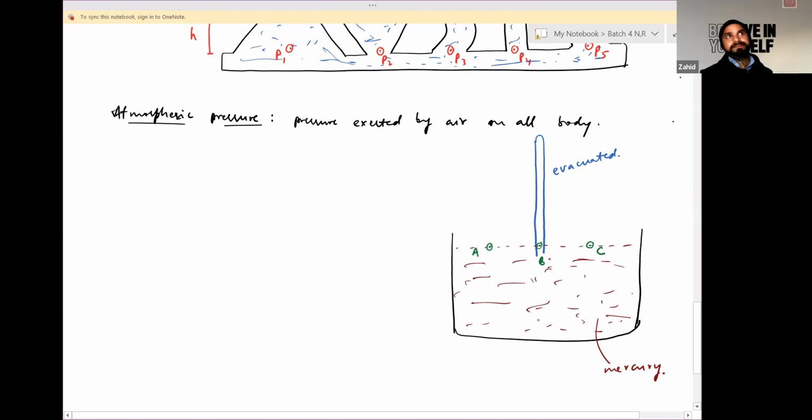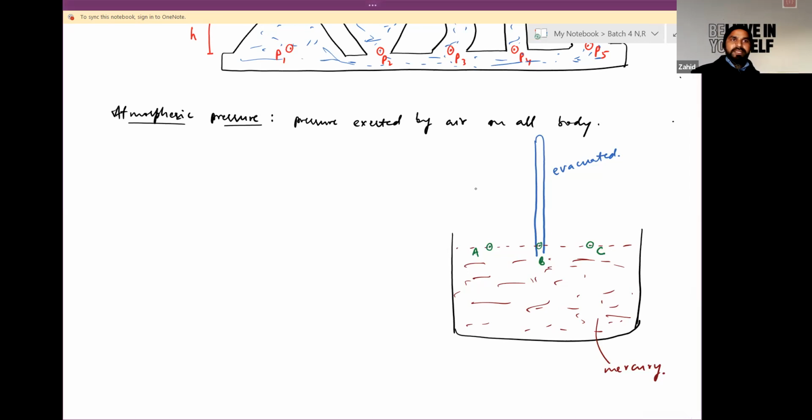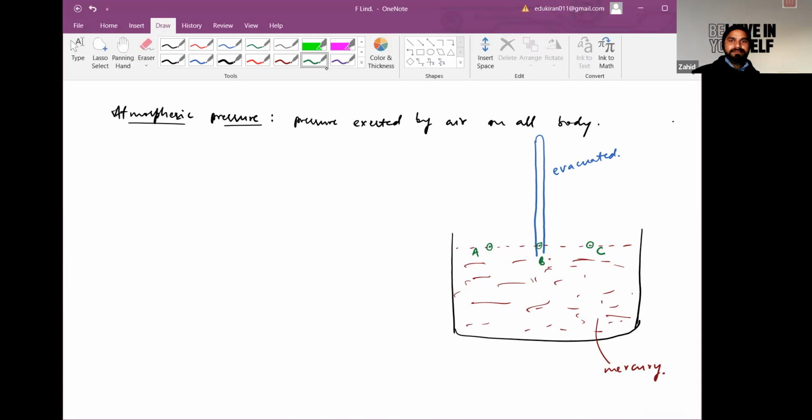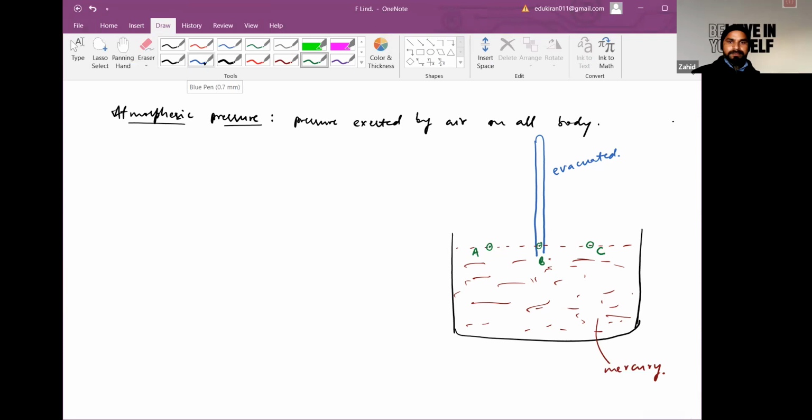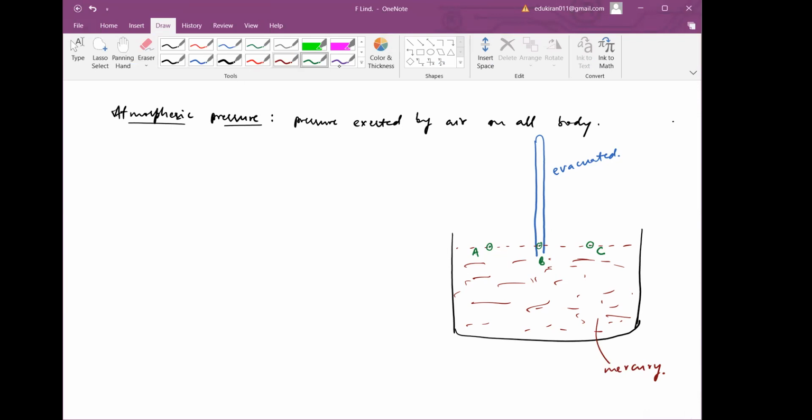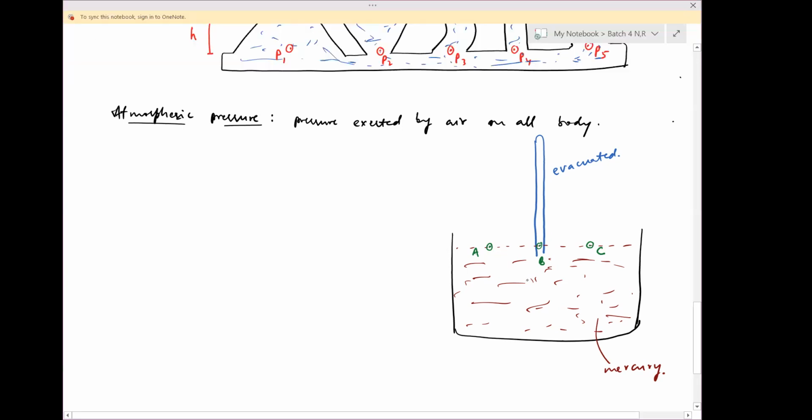Why so? Raza, do you have any answer? Why will pressure be different at all these points? The middle evacuated one is like closed, the other two are open. Okay.